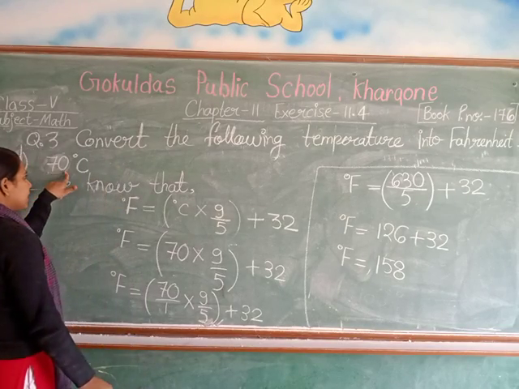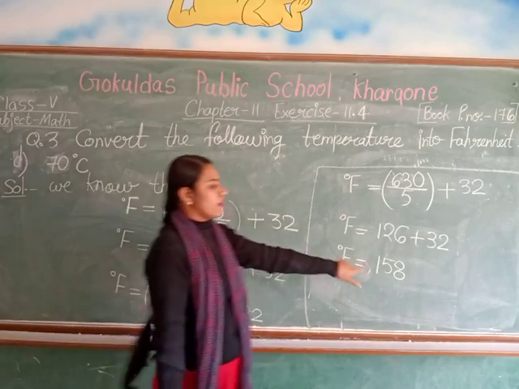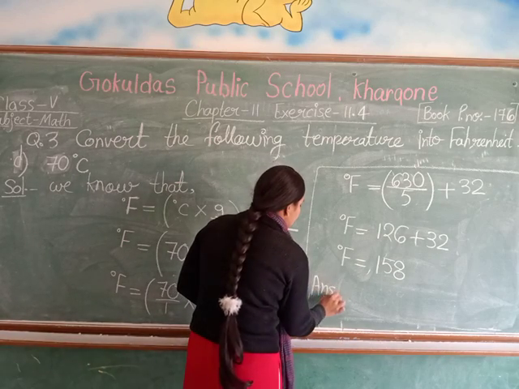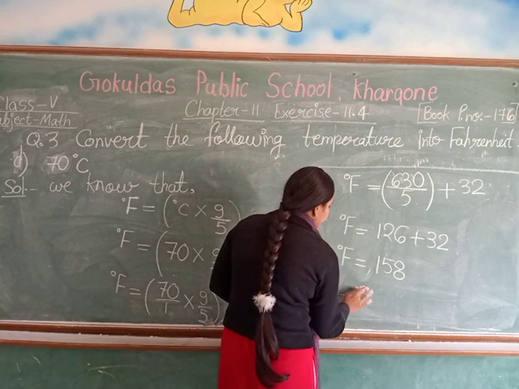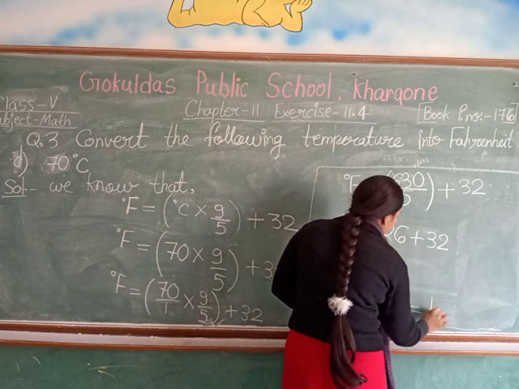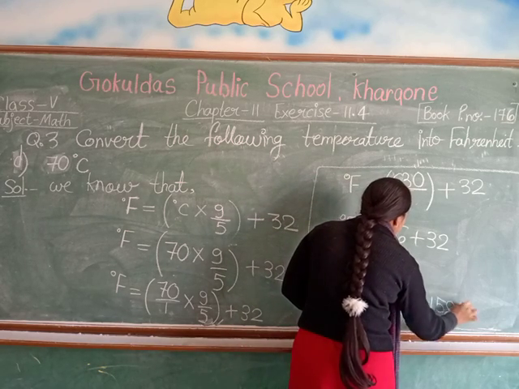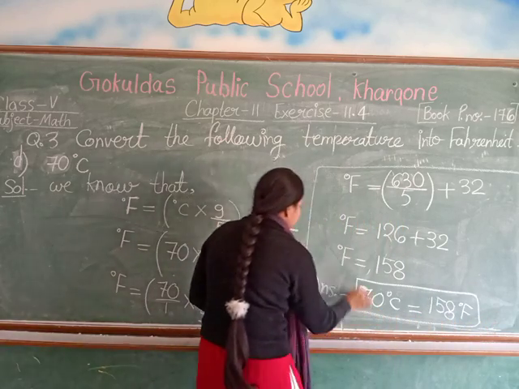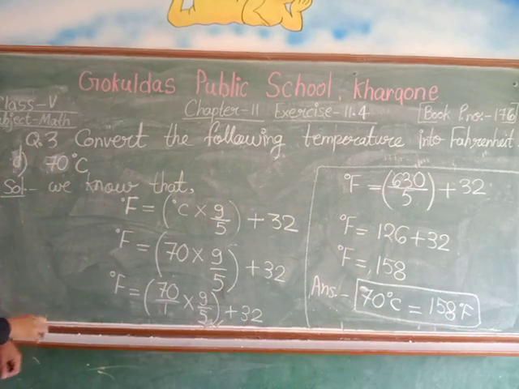So 70 degree C is equal to 158 degree Fahrenheit. So what is our answer? 70 degree centigrade is equal to 158 degree Fahrenheit. This is the final answer.